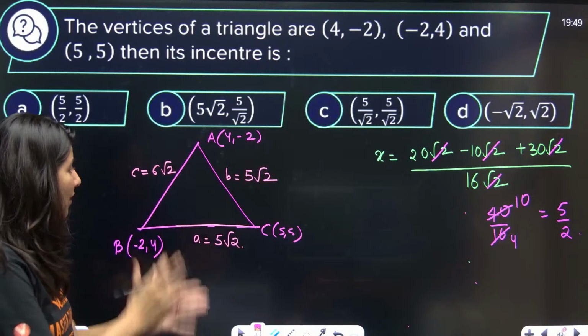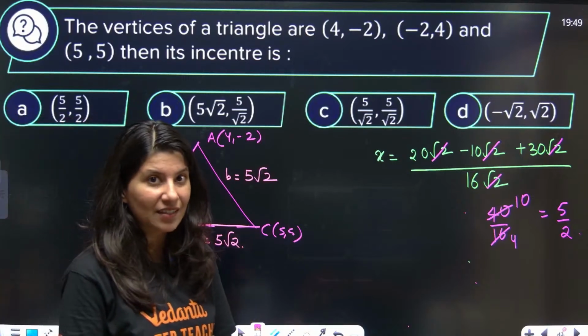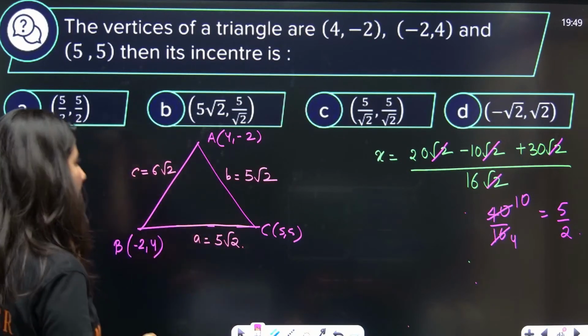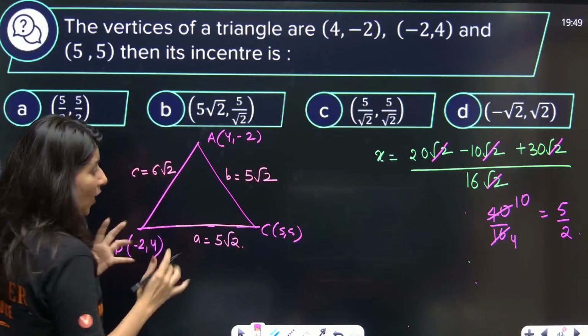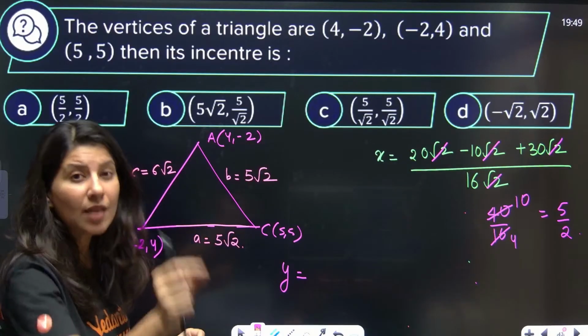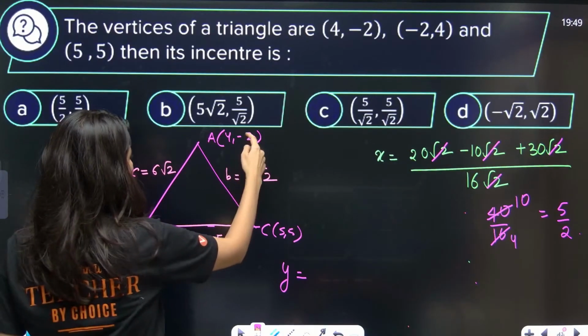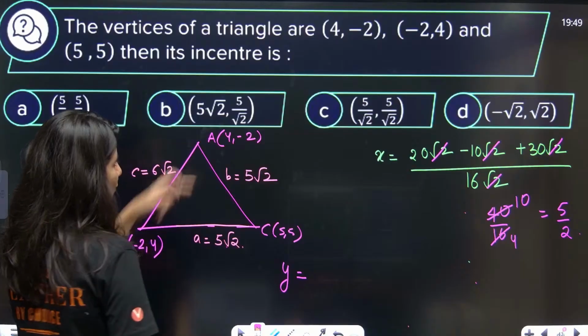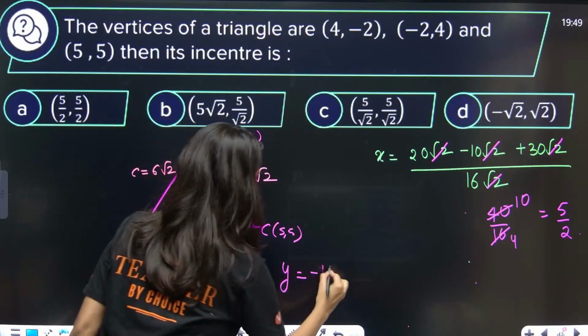Now one more thing, one very interesting fact. If you calculate the y coordinate, you are going to get the same calculation. Minus 2 into 5 root 2, so you get minus 10 root 2. Same calculation.